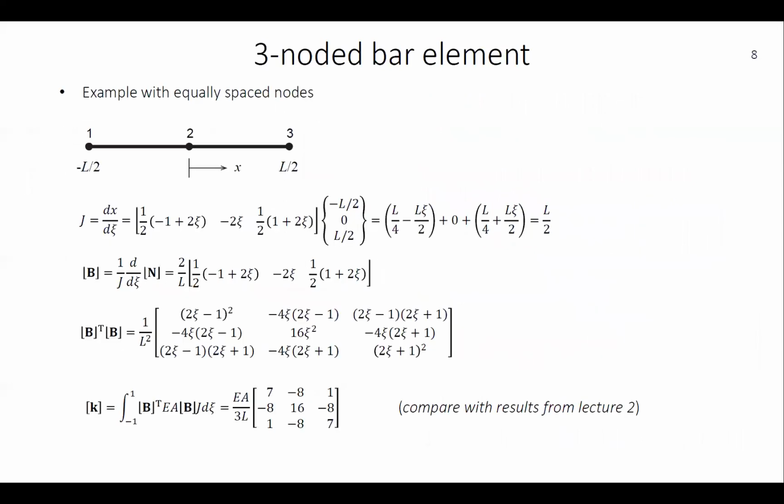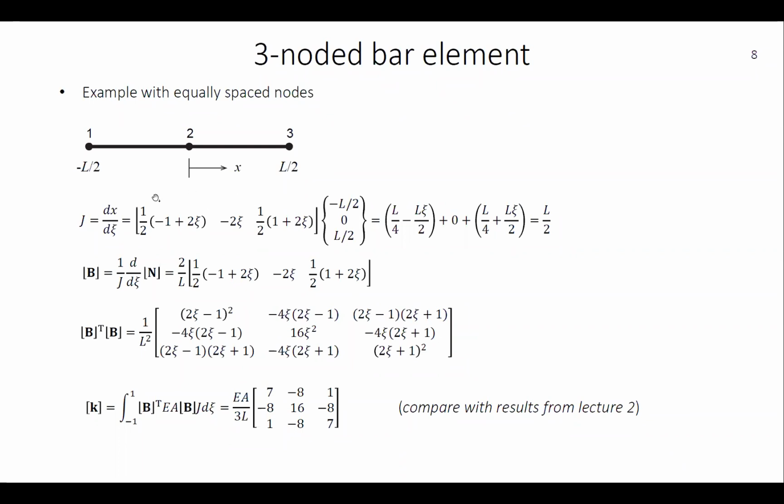Okay, so back to this example, and just for simplicity, we put a node in the center point. So Costin solved this problem in the previous lecture using the energy approach. And we will see here that we will end up with the same result using the isoparametric formulation.